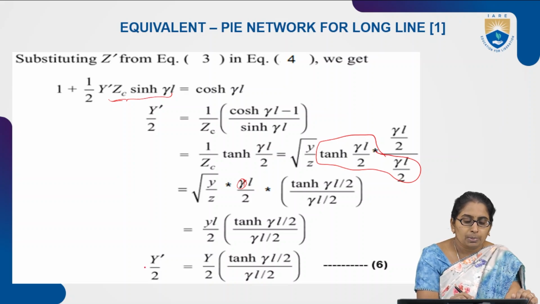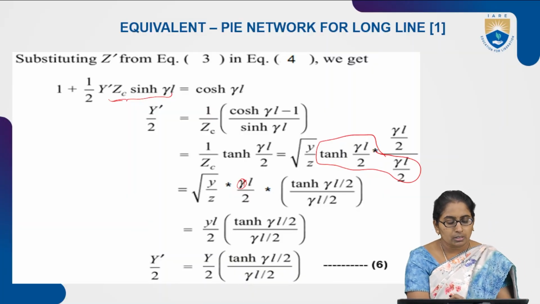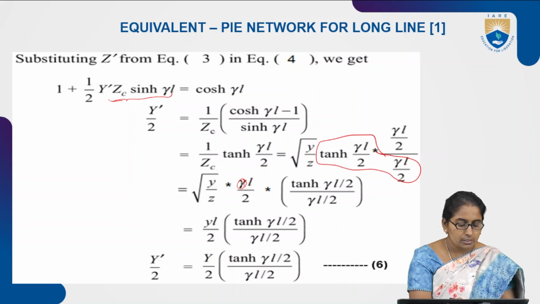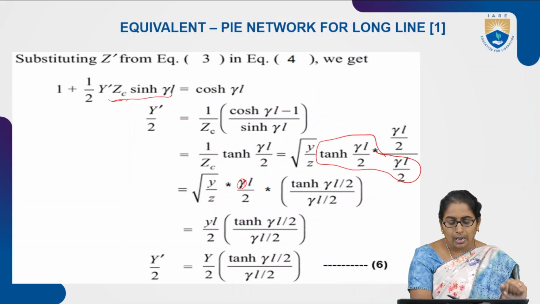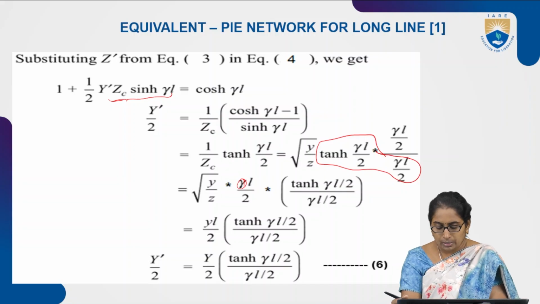So y dash by 2 is given by Y by 2 into tanh gamma L by 2 by gamma L by 2. That is how z dash and y dash by 2 are calculated from the equations.